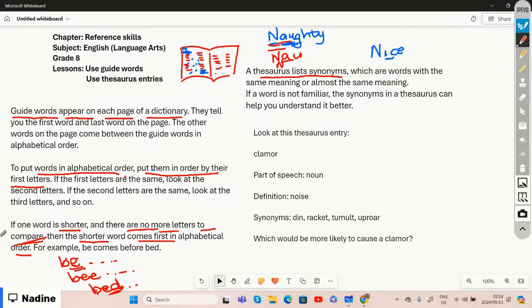So a thesaurus, once again, lists synonyms, and synonyms are words with the same meaning or almost the same meaning. And if a word is not familiar, then the synonyms within a thesaurus can help you to understand it better.